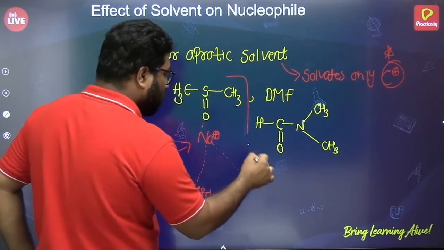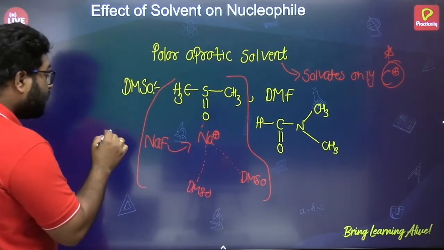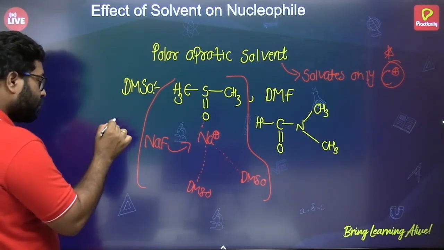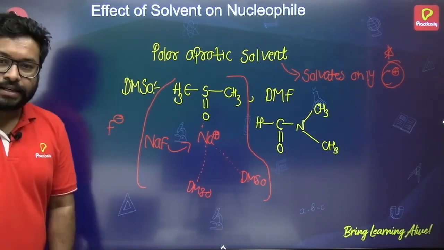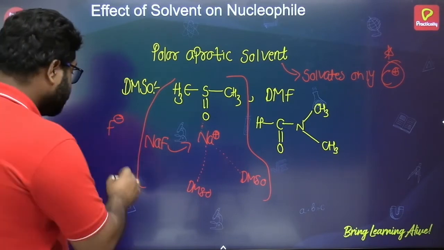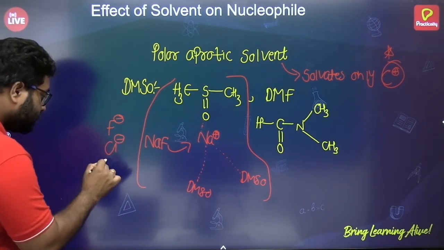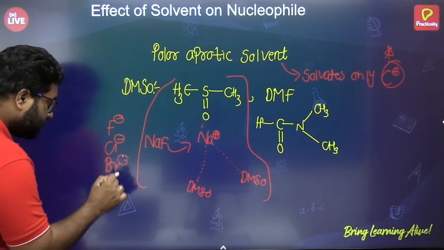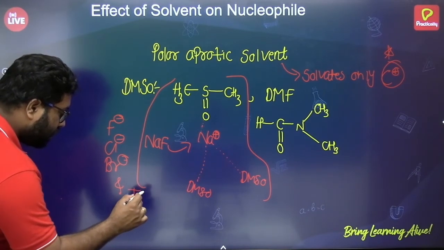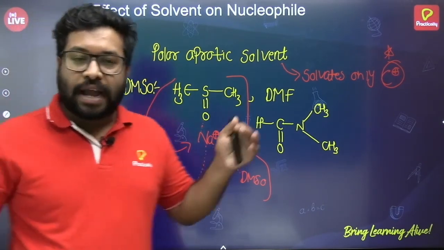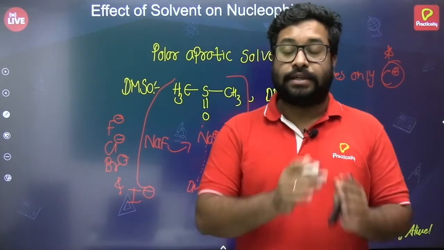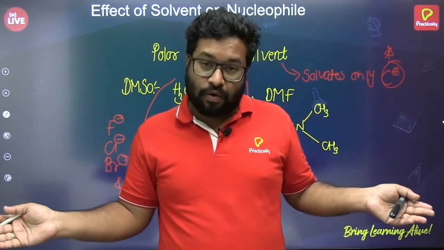Now this whole matrix would look like this. Now your F minus, Cl minus, Br minus and I minus would be completely naked.